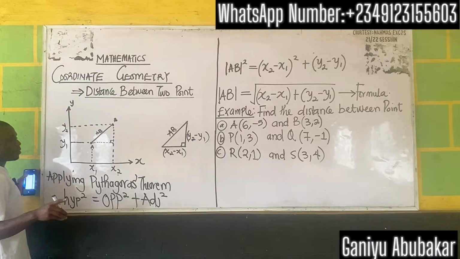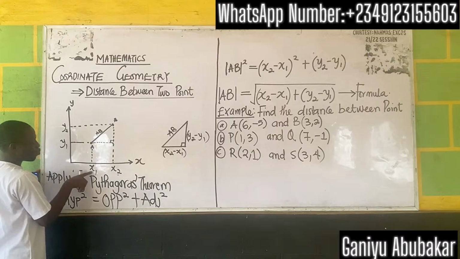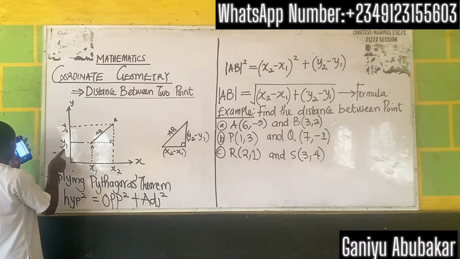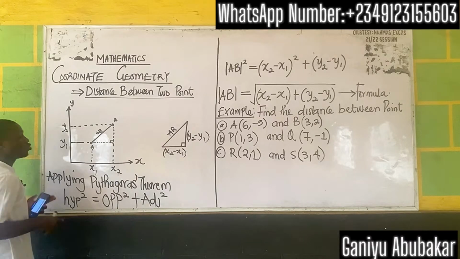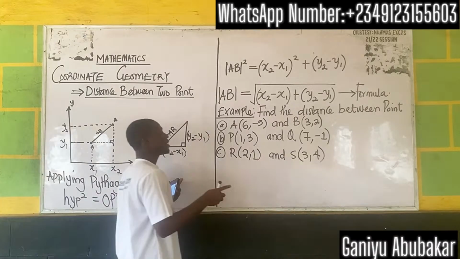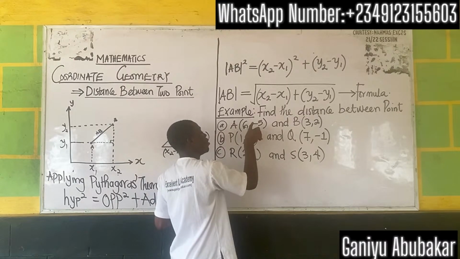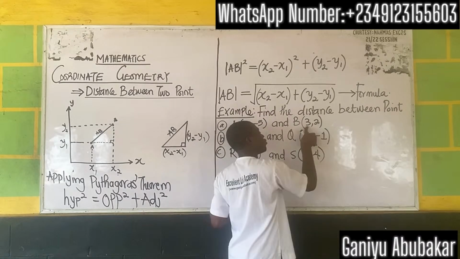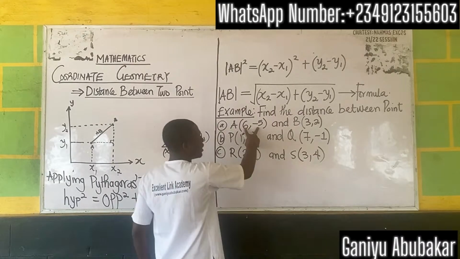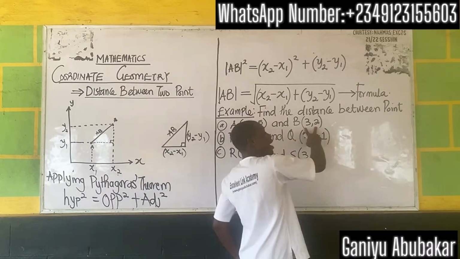From your diagram here, see point A. Point A gave you x1, y1, right? And B gave you x2, y2. So the task is the one that is given first. This one gives you x1, y1. This one gives you x2, y2. So note this concept that the first coordinate given is for x1, y1. Second one is what? x2, y2.